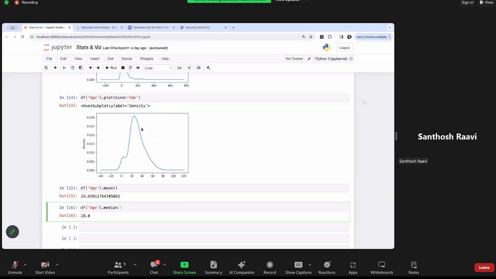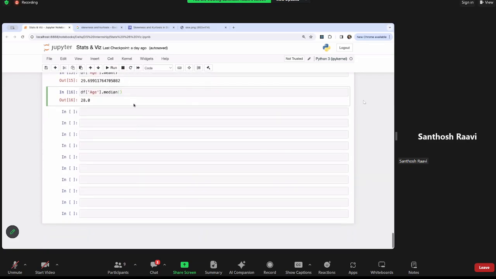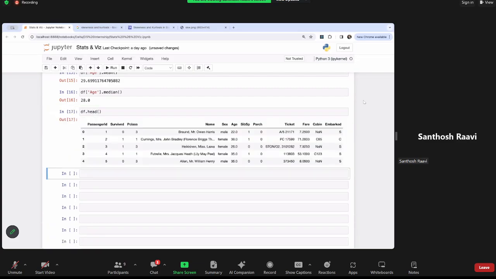Categorical values means, if you look into the data frame, name is a categorical value, you are having some alphabets. Ticket is a categorical value, you are having some alphabets.